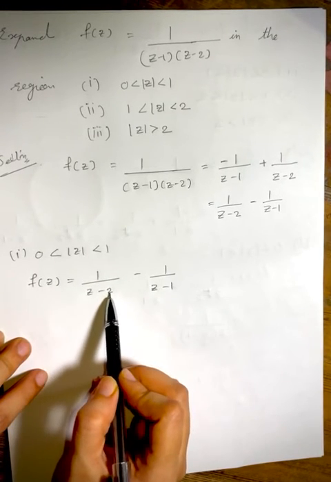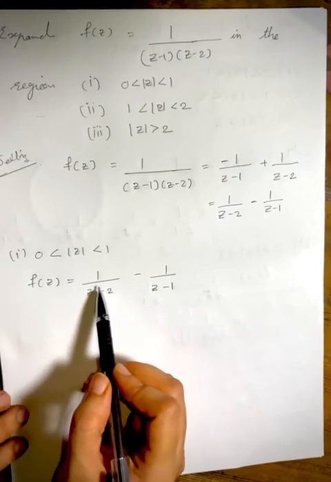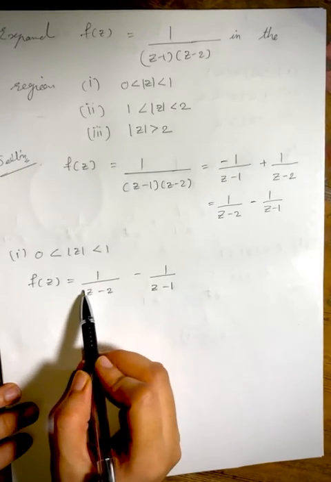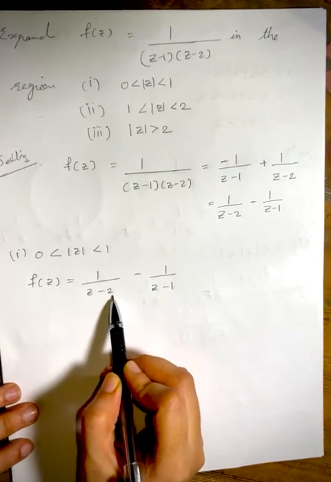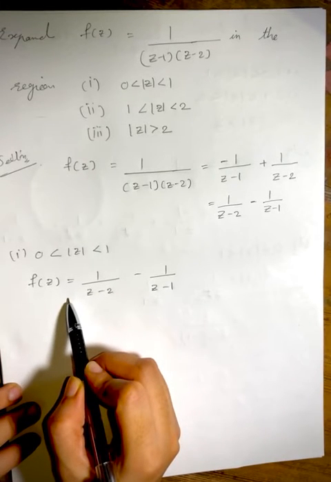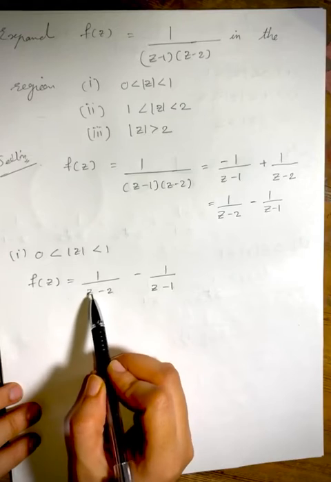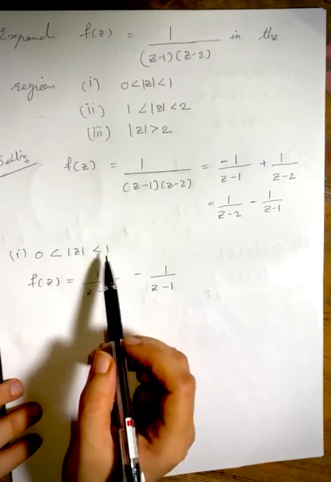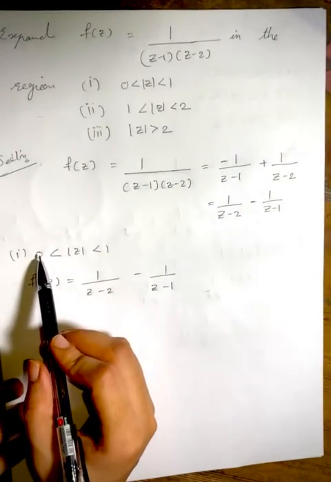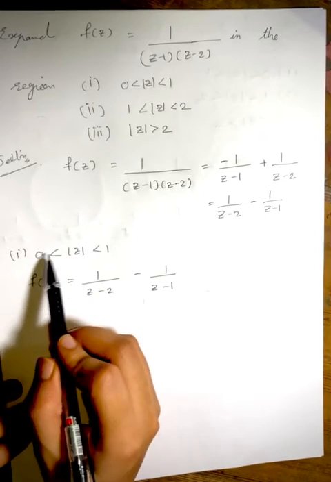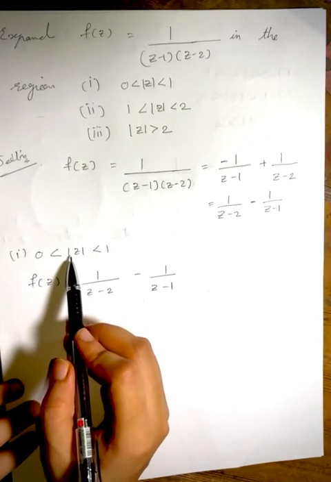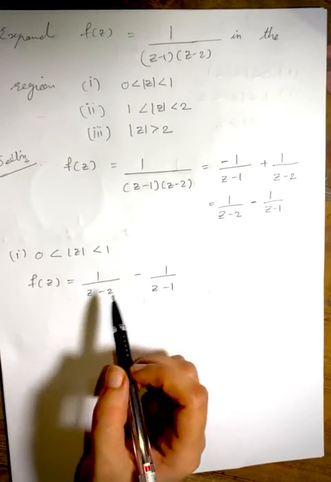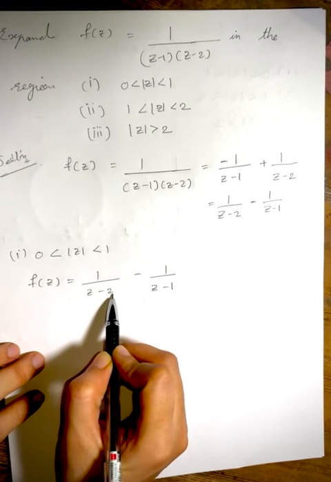For example, half minus 2, the overall result will be negative. Half minus 1, the overall result will be negative. So when the whole result is negative, you take the number outside as a common factor. But when the overall result is positive, for example, if this was the region from 1 to 3, and I take 2.5 as a number within the region, then 2.5 minus 2 would be positive.